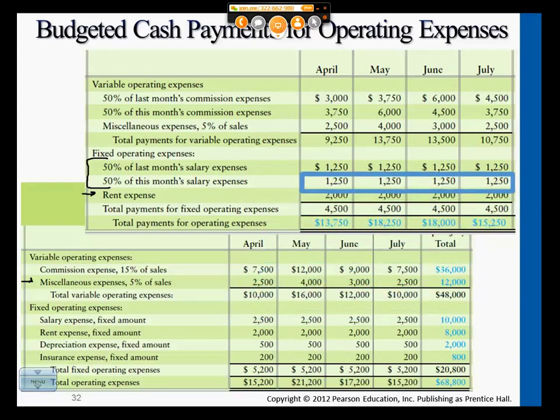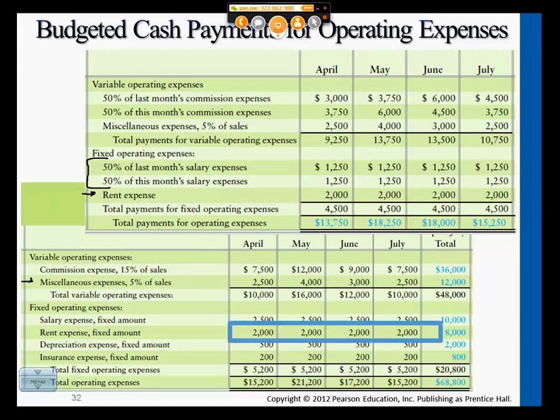The only thing that I also want you to pay attention to is that depreciation is a non-cash expense, okay? So here, our depreciation expense is a non-cash expense, and so this particular one is not going to be included in the budgeted cash payments.